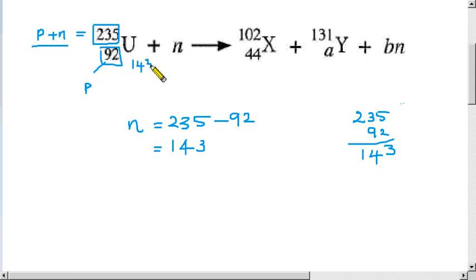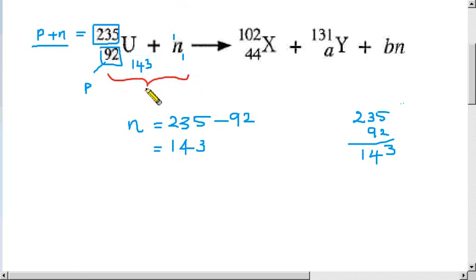143 neutrons are there. So here neutron means 1. There is 1 neutron and 1 mass. So now we have to find out. We can write an equation for the total neutrons.